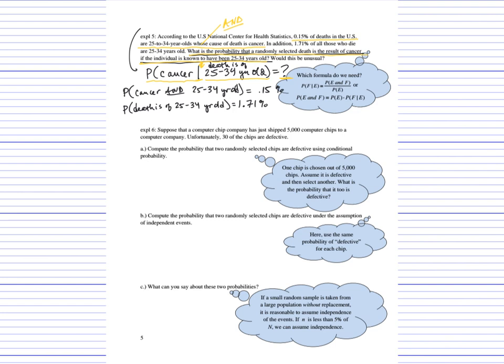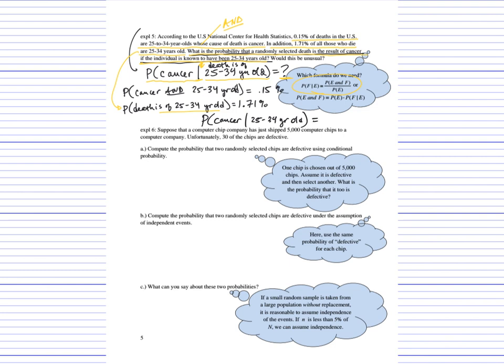And then that second sentence, in addition, 1.71% of all those who die are 25 to 34-year-olds. That tells us that the probability of death is of a 25 to 34-year-old is 1.71%. So look at what you're dealing with. You've basically got this formula. What I want to know is the probability of cancer, given that the death is of a 25 to 34-year-old.